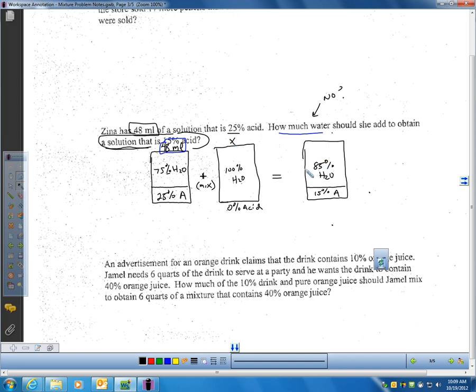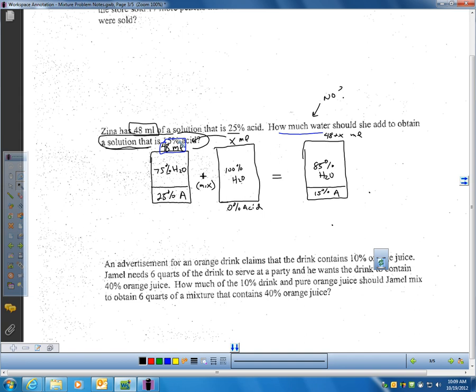Now we go to the final container. Now think about this. If the first container has 48 milliliters in it, and you take the second container and you add x milliliters to this container, wouldn't the final container have 48 plus x milliliters in it?